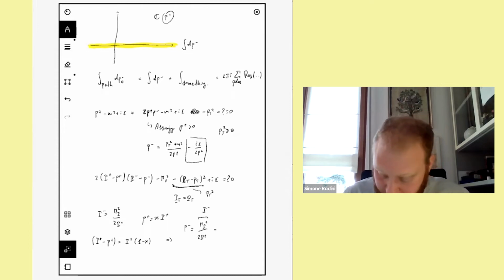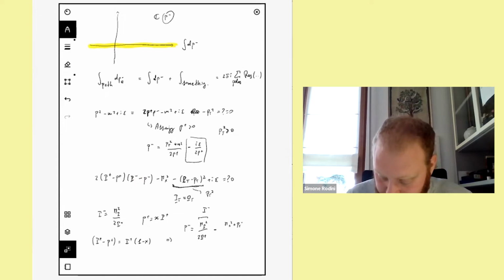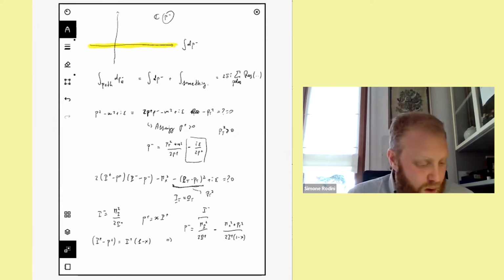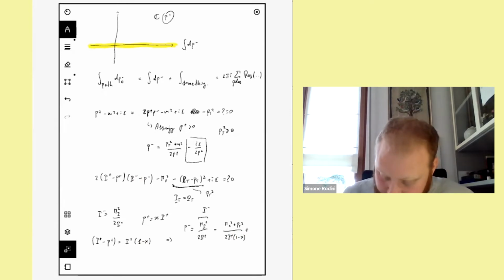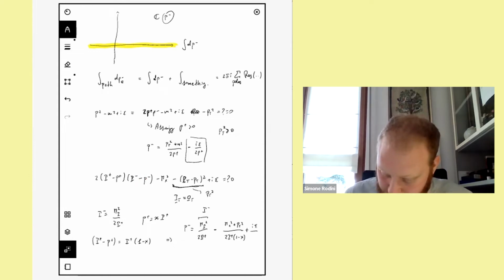Then you have minus, because here you have a minus in front, so you change the sign: mx squared plus pt squared over 2 capital P plus times 1 minus x, where this 1 minus x comes from here. And then you have plus, again because here you have a minus in front, plus i epsilon over 2 capital P plus times 1 minus x.